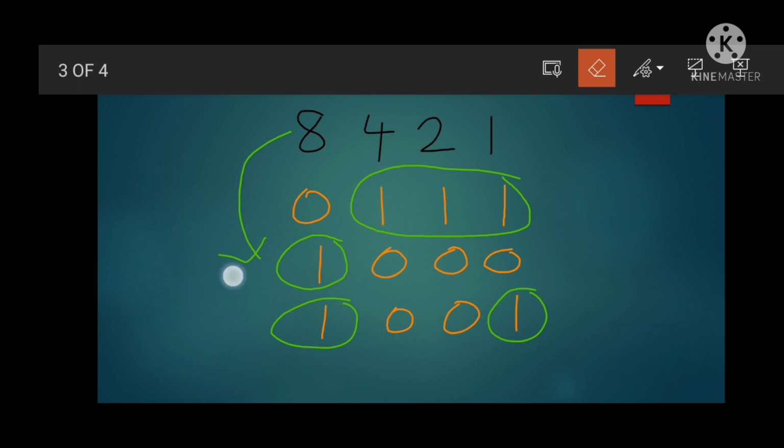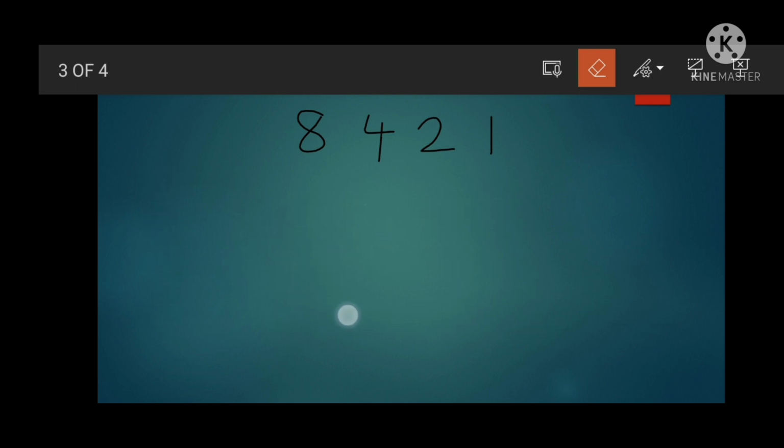Okay, then we'll go to the number 10. Okay, so 10. 8 plus 2 is 10, where the rest of the numbers will be 0. 11. So 8, 9, 10, 11. This will be 0. 12. 8, 9, 10, 11, 12. 0, 0.